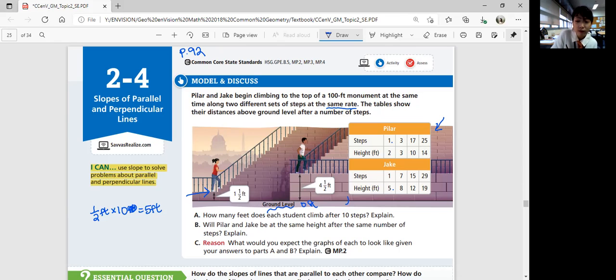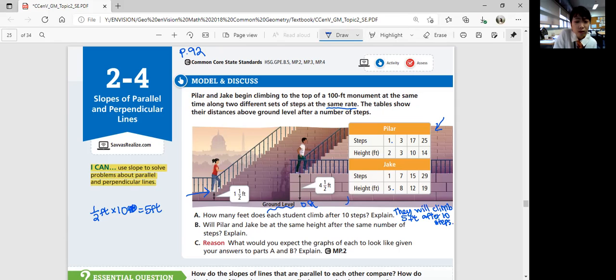Okay, so let's write that down. They will climb 10 feet, or wait, 10 steps, right? So 5 feet after 10 steps.